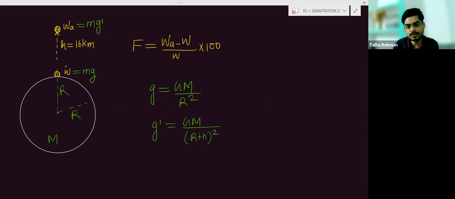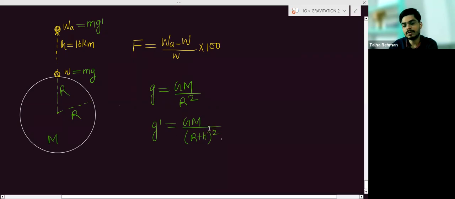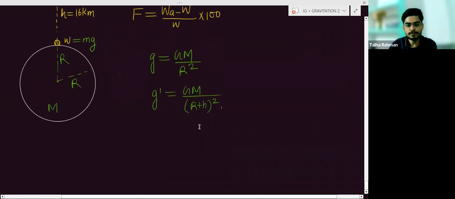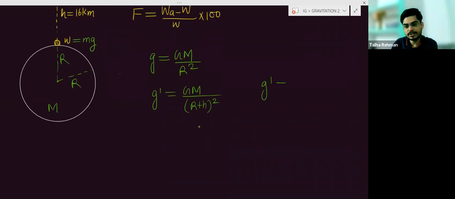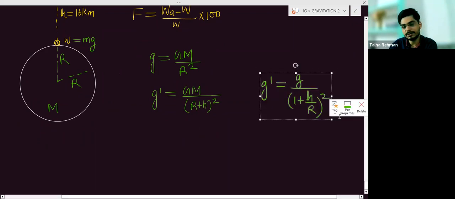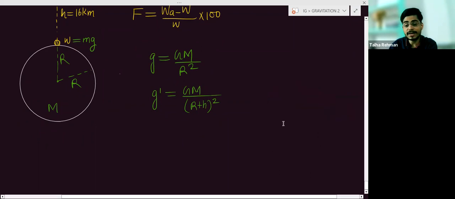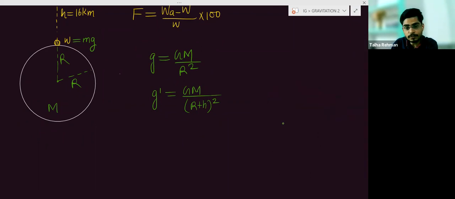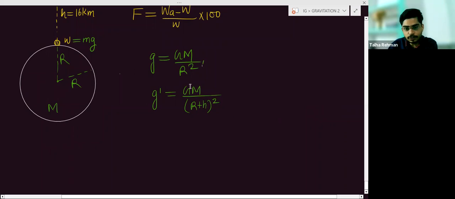I told you that this will be the formula, and we can convert this formula into another form also: g dash is equal to g divided by (1 plus h by R) square. How to convert: you will calculate GM from the surface value and put it here.